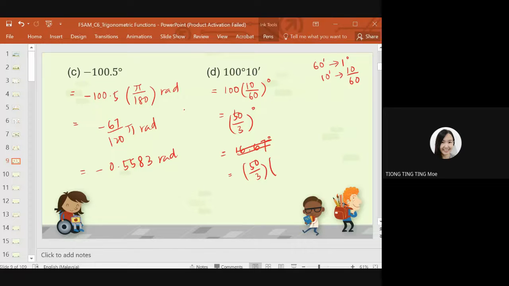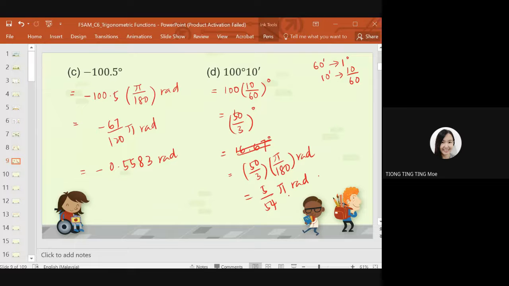Then multiply with pi/180 radian. So you get 5/54 pi radian. Actually this form is already enough.